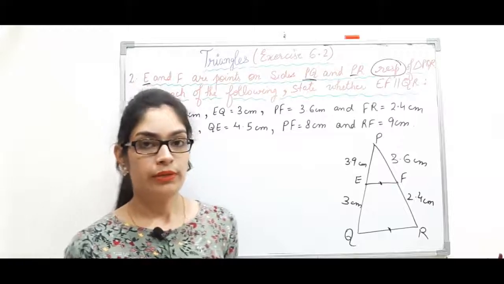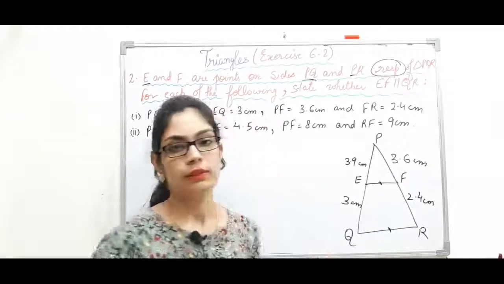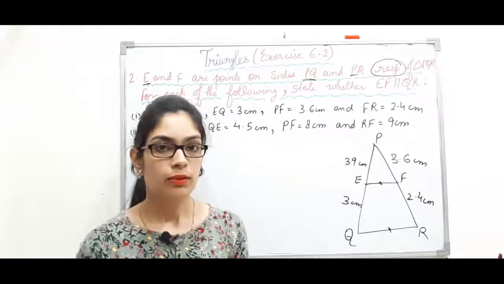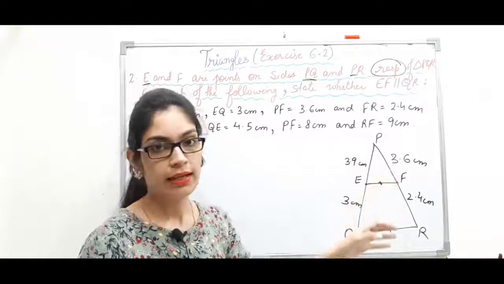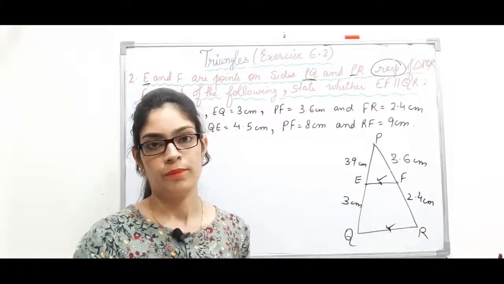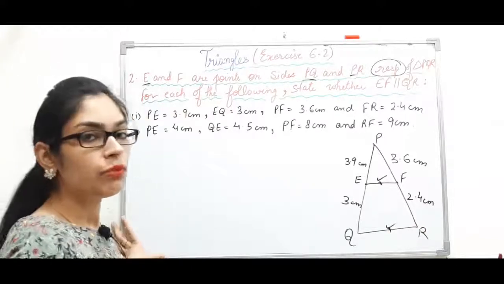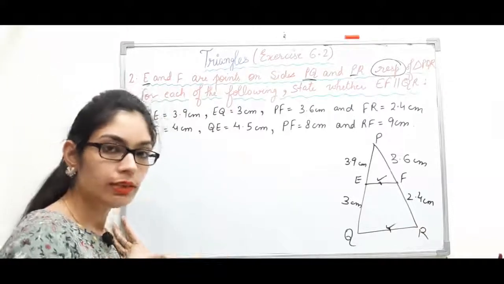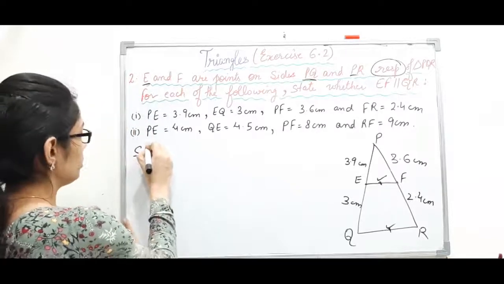In the basic proportionality theorem, it was given that this line is parallel to this line, but in the converse theorem it is given that if the sides are in the same ratio, then this side will be parallel to this. So let's find it out now. Again, in the same way you have to start: first of all, write the given things, then write what you have to find, then start with the solution.